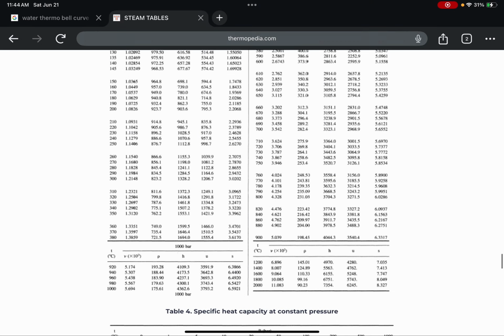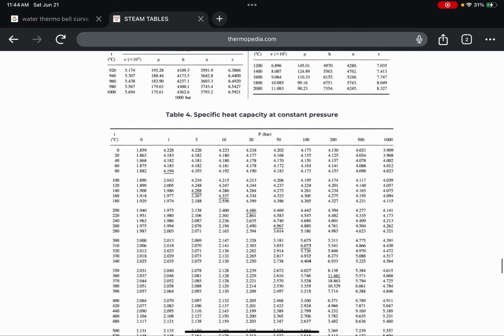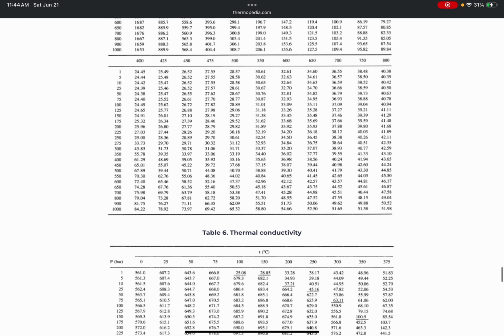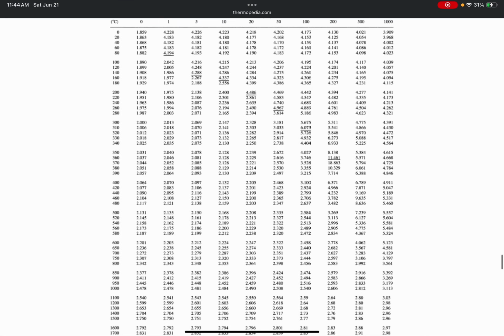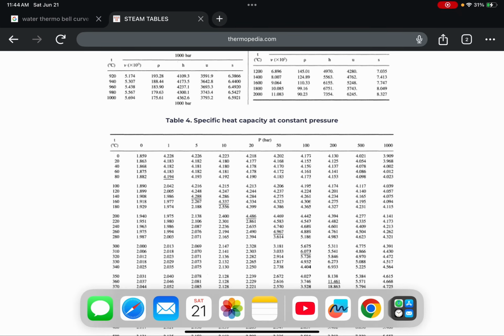All right, at the bottom of this website, they have a bunch of other tables. They have viscosity, they have thermal conductivity, which is heat transfer, viscosity is fluids, specific heat capacity. So what is this? So this is Cp.